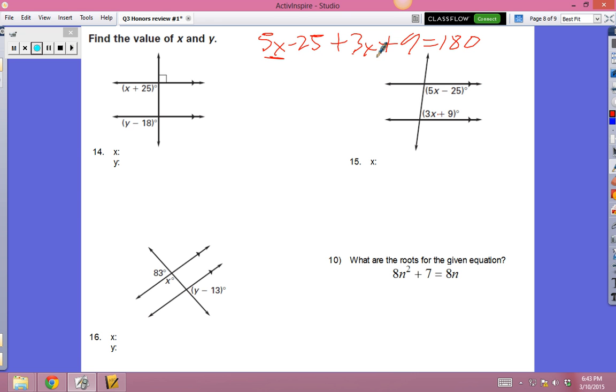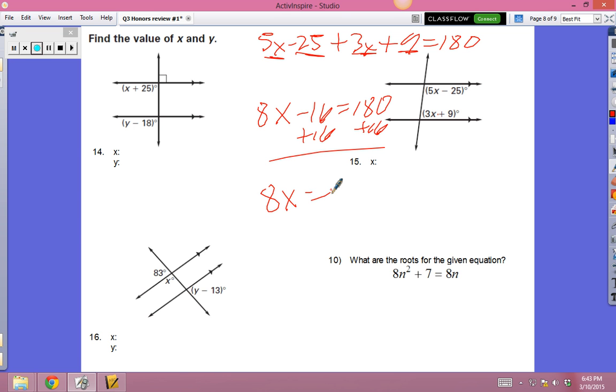So add up your x's, that's 8x's, add up your constants, a negative 25 plus 9, that's a negative 16, and that equals 180. So plus 16, plus 16, so you got 8x equals 180 plus 16, 196. So divide by 8, 196 divided by 8. X is going to be 24.5, so don't be afraid of decimals.